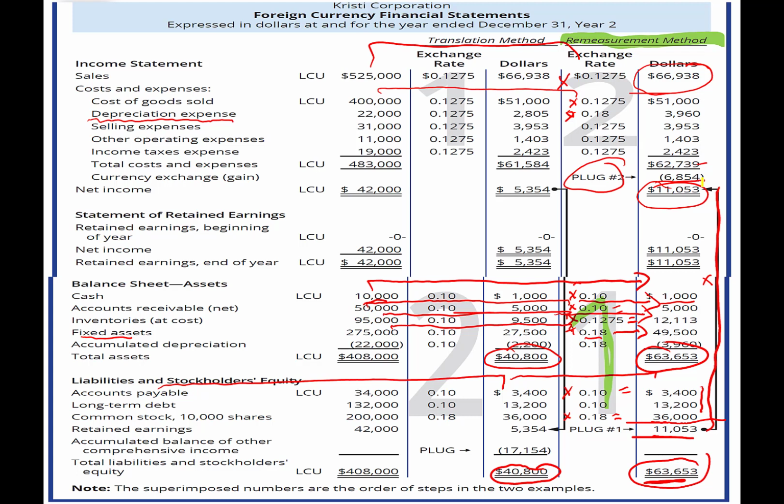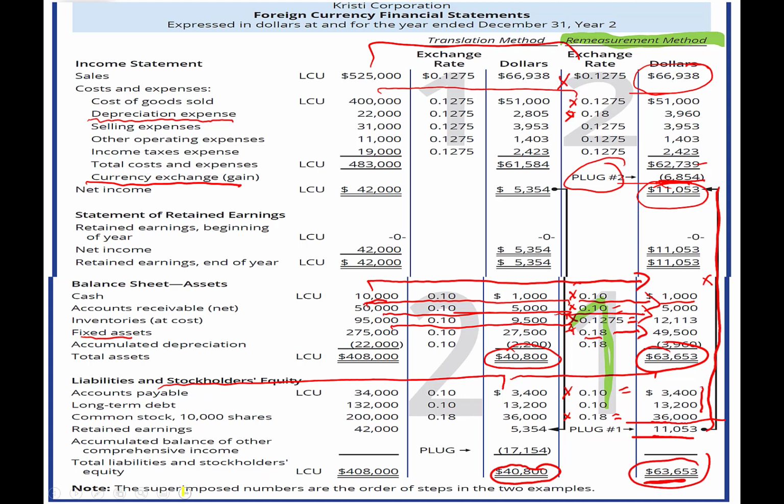And that difference now is our foreign currency exchange gain. And under the remeasurement method, okay, that number is going to be reported right there, 6,854, on the income statement. That's that plug that we put in to make the income statement work appropriately. Okay. All right. So that is the remeasurement method.